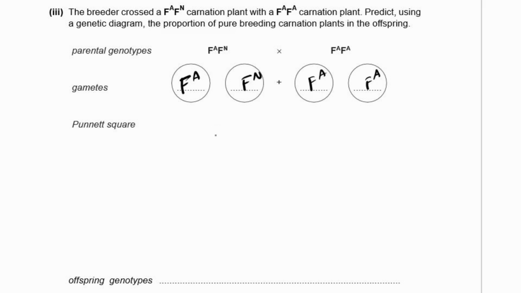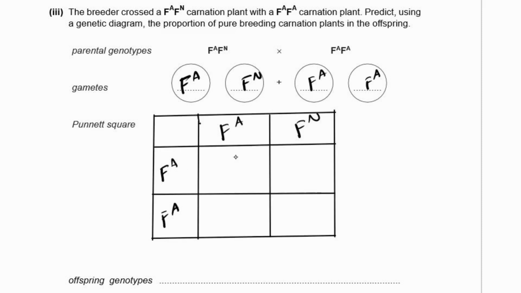Our Punnett square, well, we have FA, FN, FA, FA. Then we draw in some lines, and then we just fill in the cross. So we have FA, FA, FA, FN, FA, FA, FA, FN.